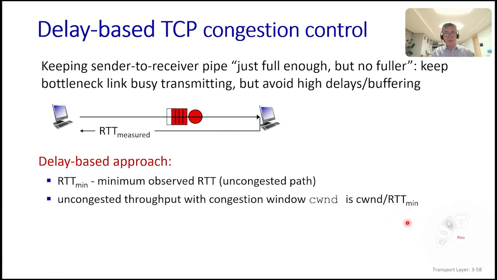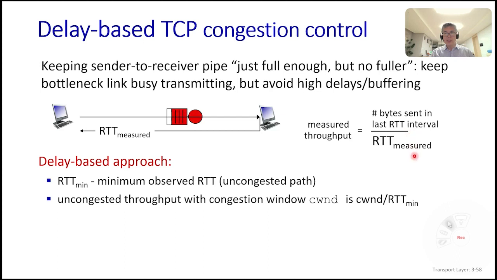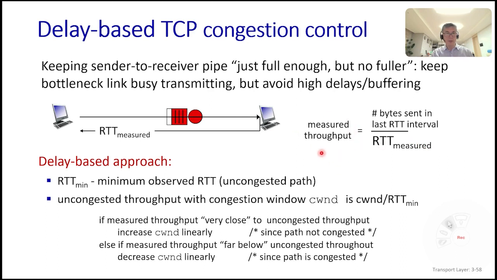This is the throughput we defined previously. To measure the throughput, take the number of bytes sent in the last RTT interval and divide by the measured RTT. So during this RTT, this amount of bytes was delivered. This is how we measure the throughput.